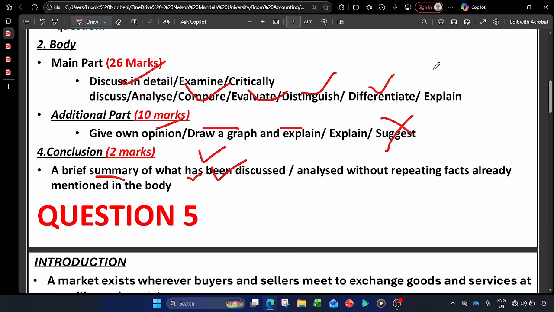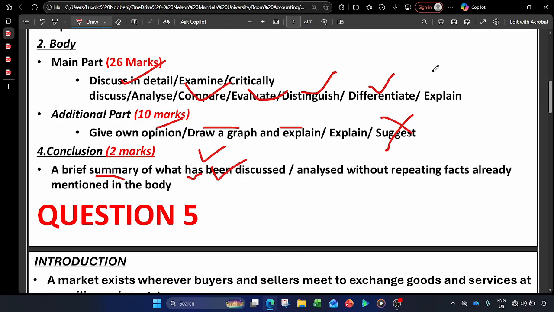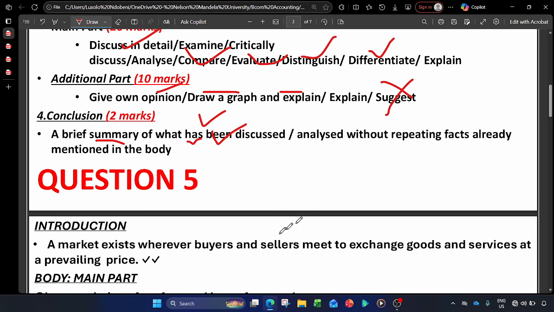This term is easy to understand because it just defines what you always do on a daily basis. So a market is a place, or it exists, whereby buyers and sellers meet together to exchange goods and services at a prevailing or a charged price, right?